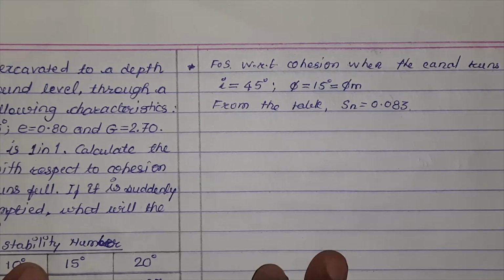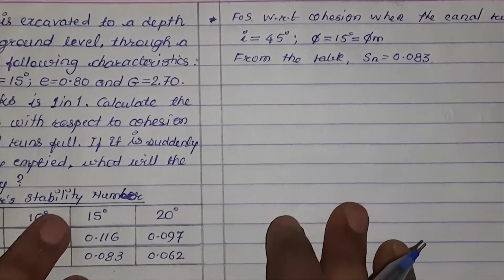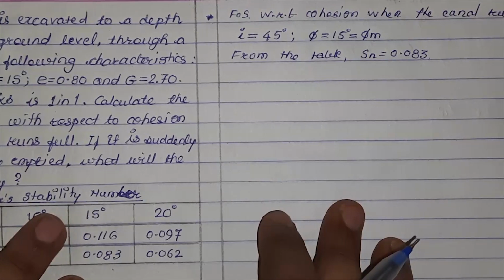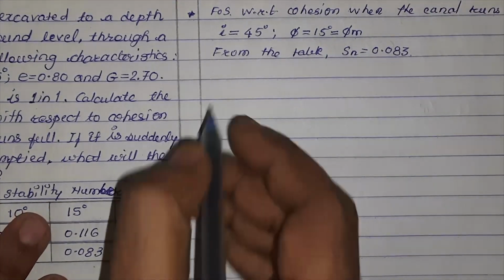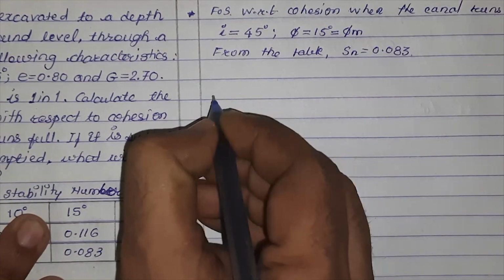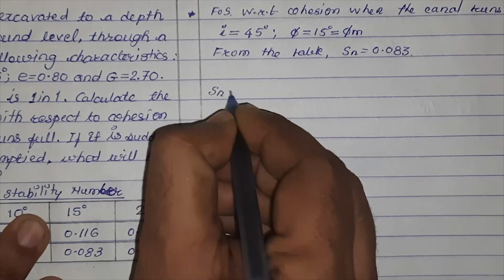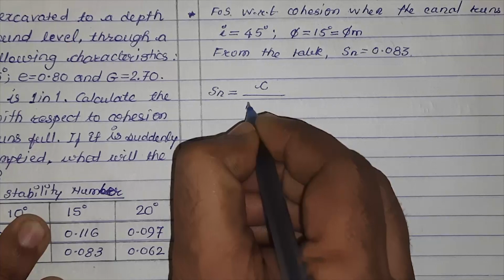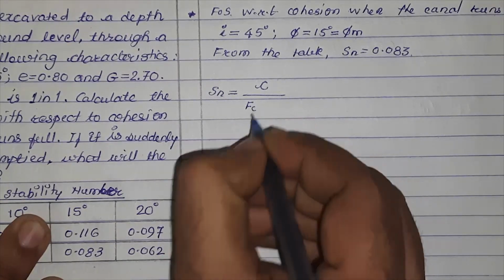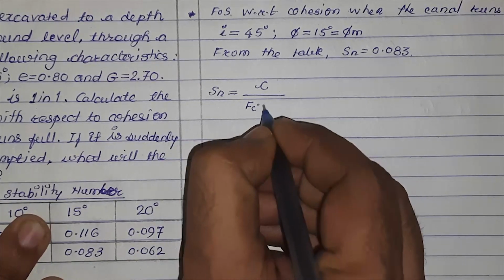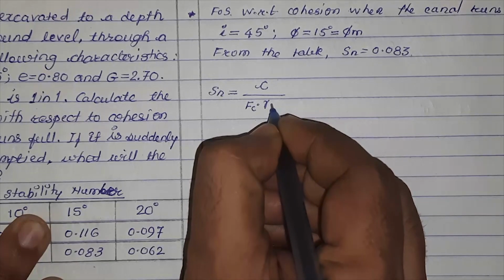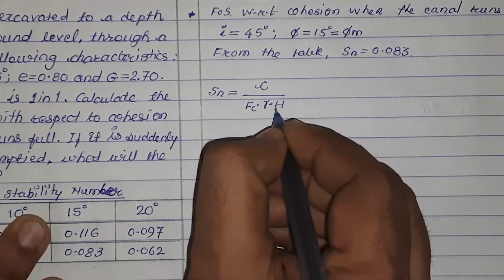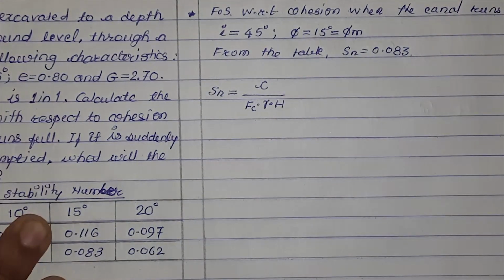Now, next job is to find out factor of safety. What is the expression for stability number? Expression for stability number is Sn equals C upon factor of safety Fc multiplied by unit weight multiplied by height of the slope.